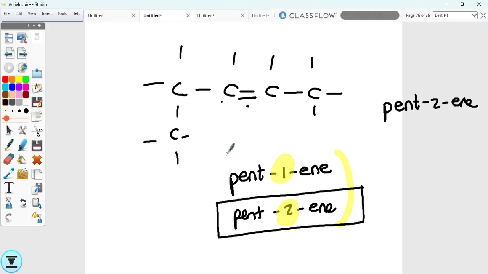So when you want to do a chain isomer, you can't ever move that last carbon from the edge to the other edge, because if you move it from the one edge to the other edge, you're not changing anything. So we need to actually put it somewhere here in the middle. So you could have put it there. Now what is the name?